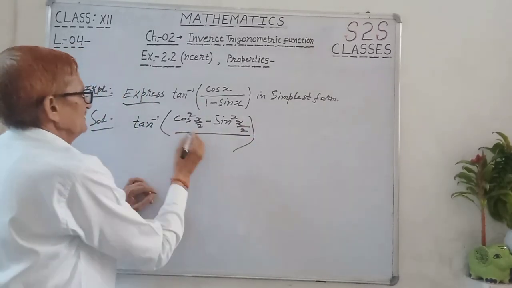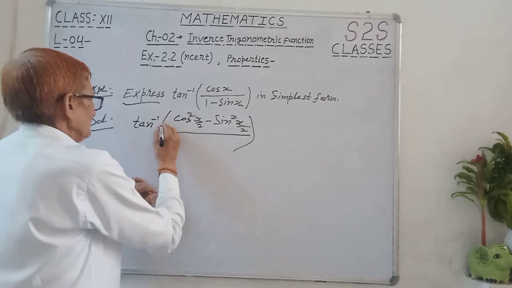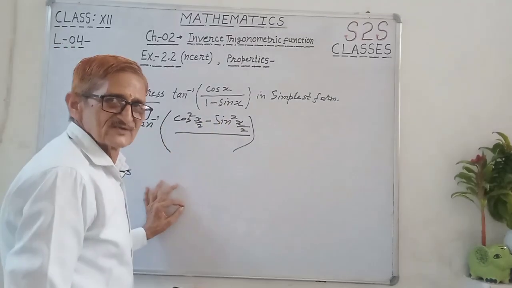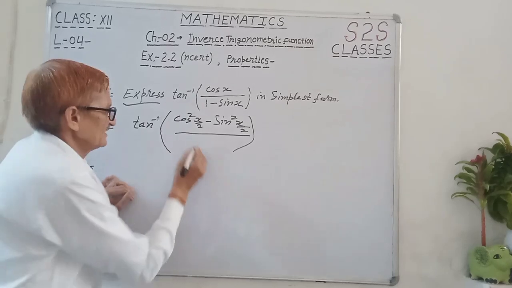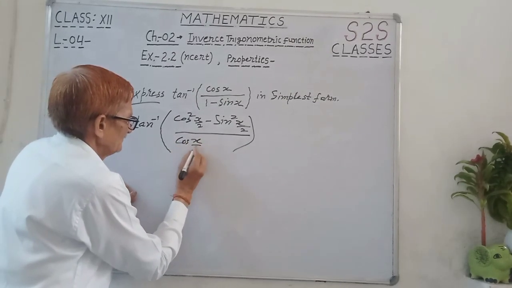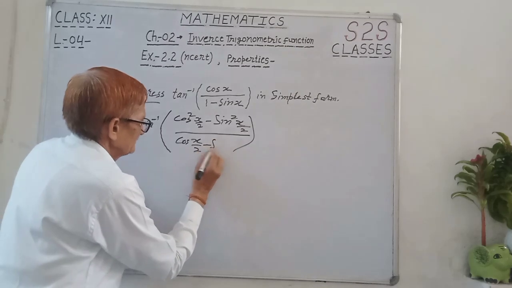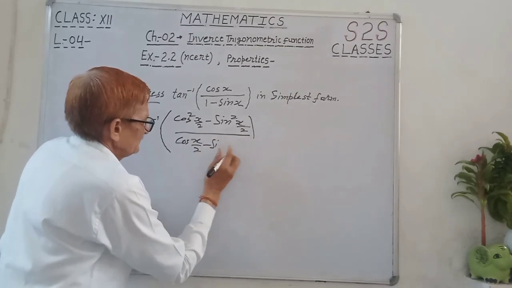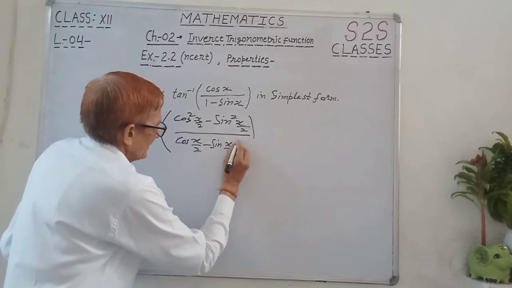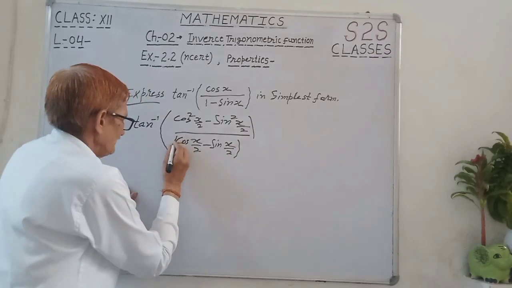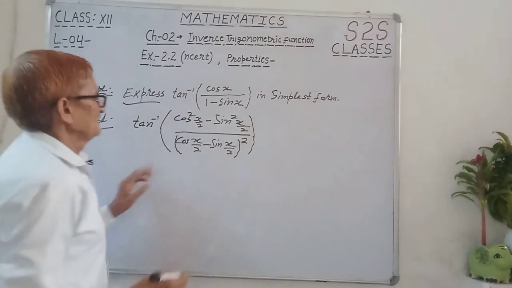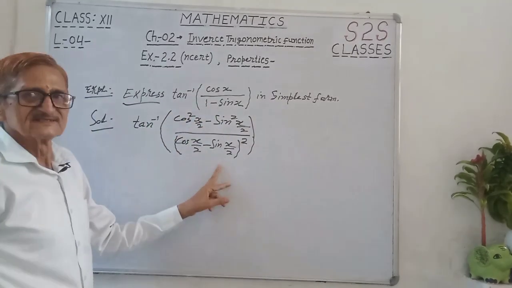Divide by 1 minus sin x, which I told you is cos x by 2 minus sin x by 2, whole square. This is the value of 1 minus sin x.